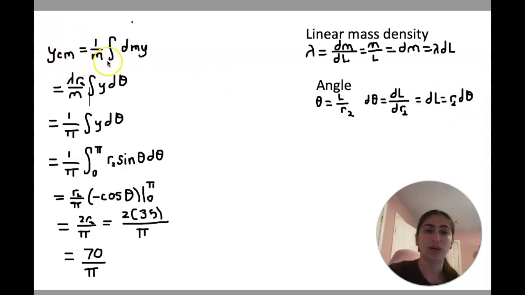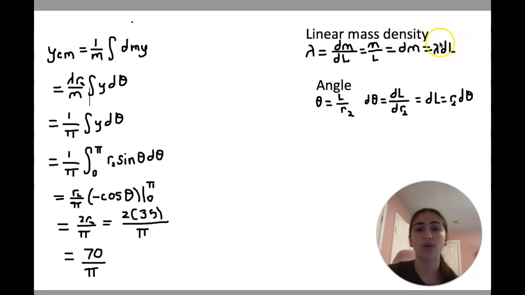Now if we move over here, we have our integral. We are solving for the y center of mass. This is because our x center of mass can be disregarded for now, because our x center of mass is equal to 0. For our y center of mass, this equals 1 over m times the integral of y dm. As you can see, we have dm. Where did we solve for dm? In linear mass density. So dm equals lambda times dl.